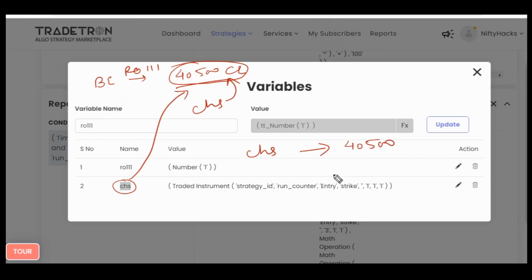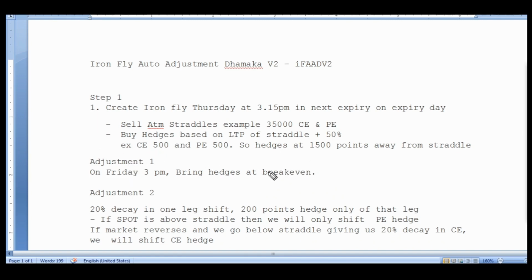Now in another adjustment also, like here after this first adjustment, our call hedge strike is the strike of the hedges of break even, right? Now suppose the call decay is 20% and another adjustment happens. From this break even value, Tradetron will assign this strike the value of CHS.